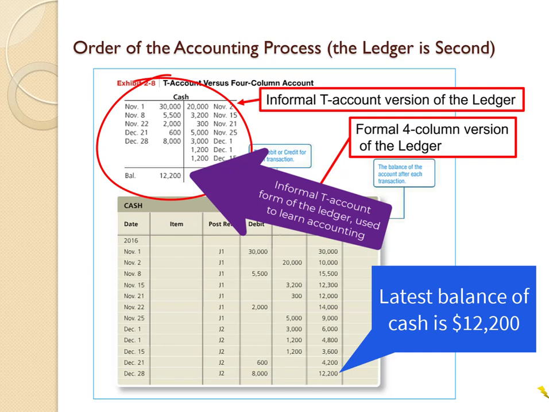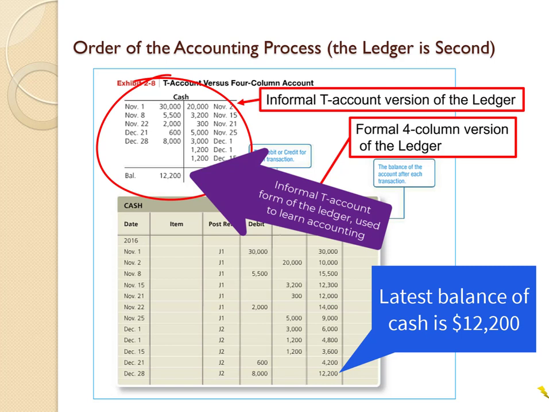In the upper left corner is the informal T account version of the ledger. It's called a T account because it kind of looks like a T. T account versions of the ledger are less work than the formal 4-column version of the ledger, so the T account version is used a lot when learning accounting. Plus, they take up less room.